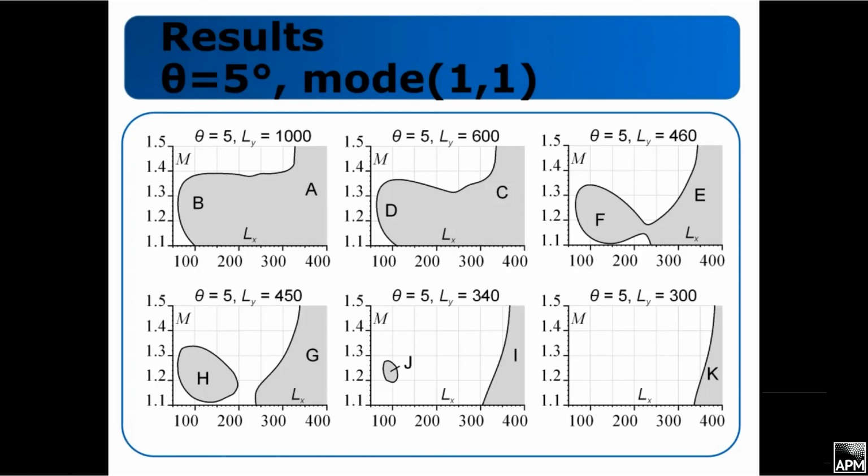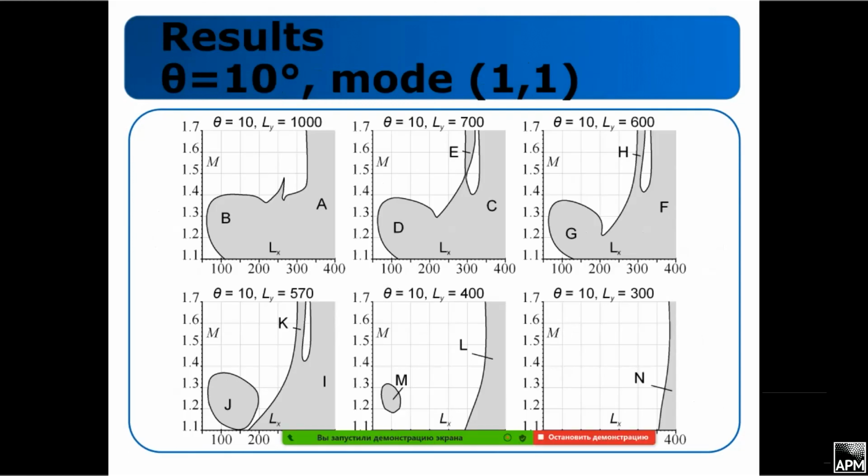At large non-dimensional width and after some value of Lx, there is a region of flutter in the first mode where both single mode flutter and coupled mode flutter appear. With decreasing Ly, a narrowing of the region of instability appears.